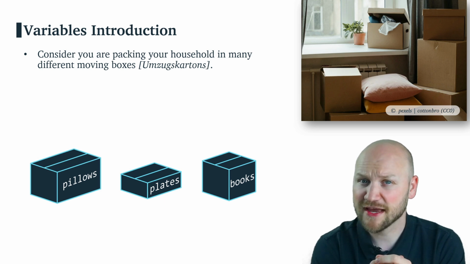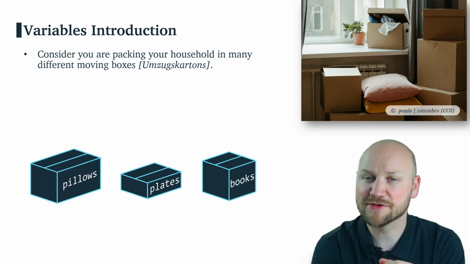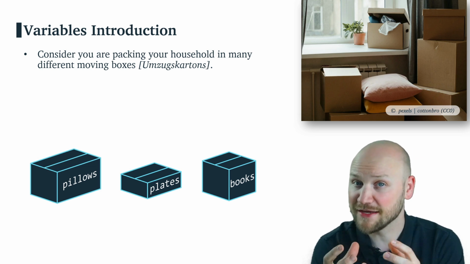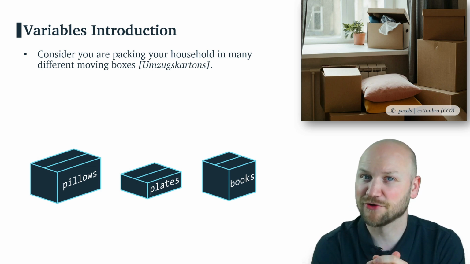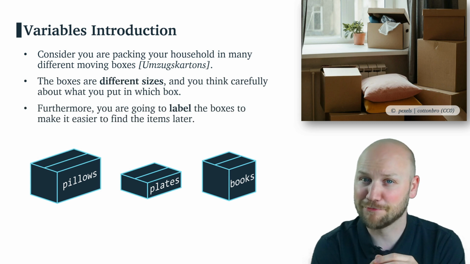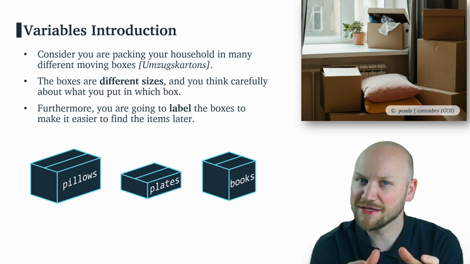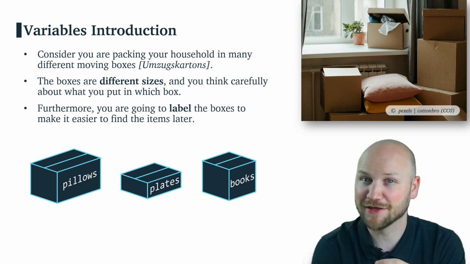And the first aspect to choose the right size of the boxes is very similar to have the right data type in place for your variables in programming. And this is the first aspect that is very close to your task in finding the right boxes in moving your household. And the second part is you have to use labels for your boxes, for example the pillows, to find them later on in the first night sleeping in your new flat.